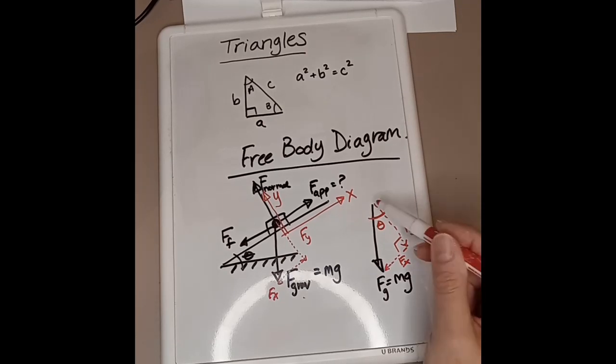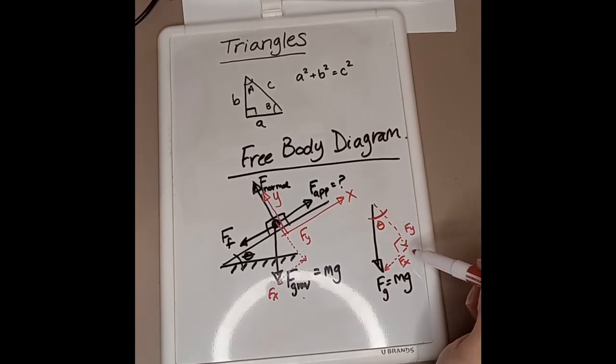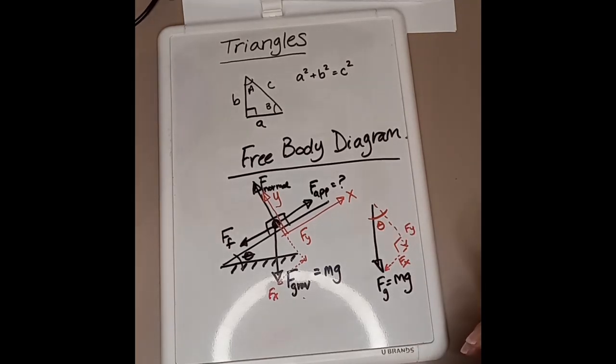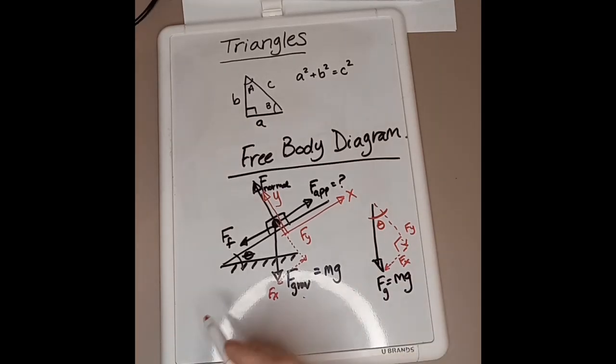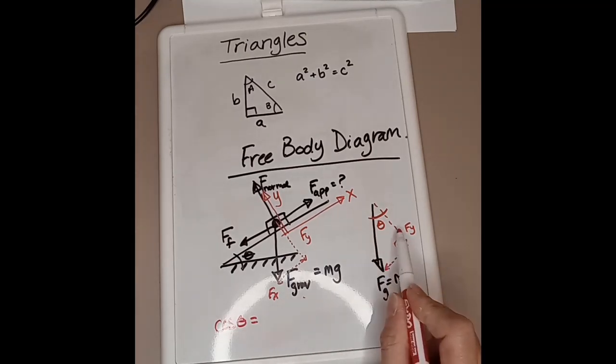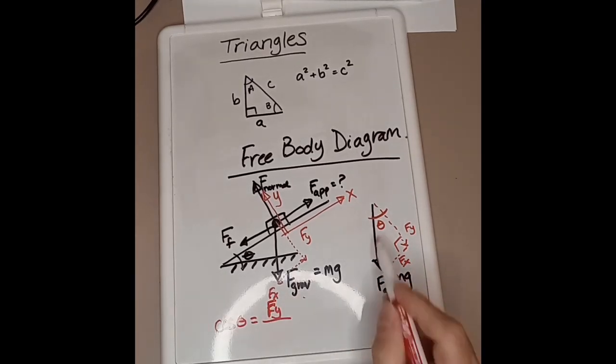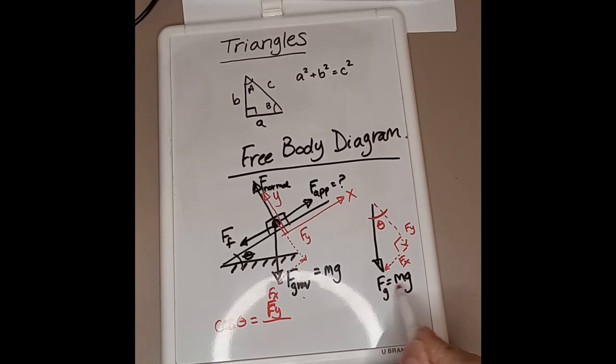If we're trying to find our Fy component of this force, we see that that is the side adjacent to our angle theta. If it's the adjacent side, that's going to be the cosine of that angle. So cosine is adjacent over hypotenuse. Cosine of theta is the adjacent side, Fy, divided by the hypotenuse, which is our gravitational force, mg.